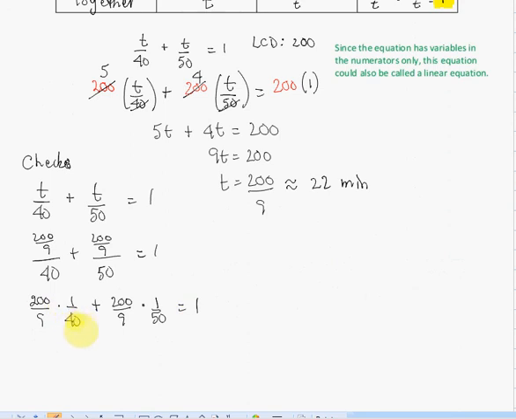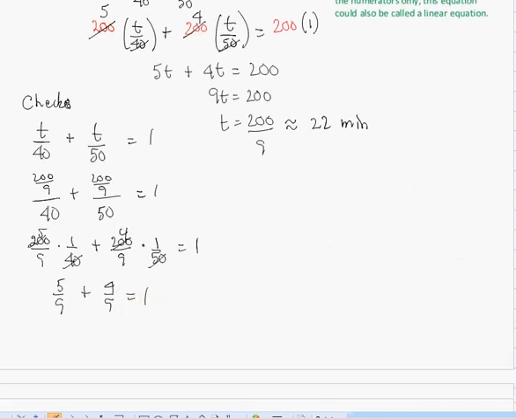Okay, and 40 goes into 200 5 times, so that gives you 5 over 9 plus 50 into 200 is 4 times, so 4 over 9. And 5 over 9 plus 4 over 9 is 9 over 9, so 1 equals 1, and we can show that left side equals right side.